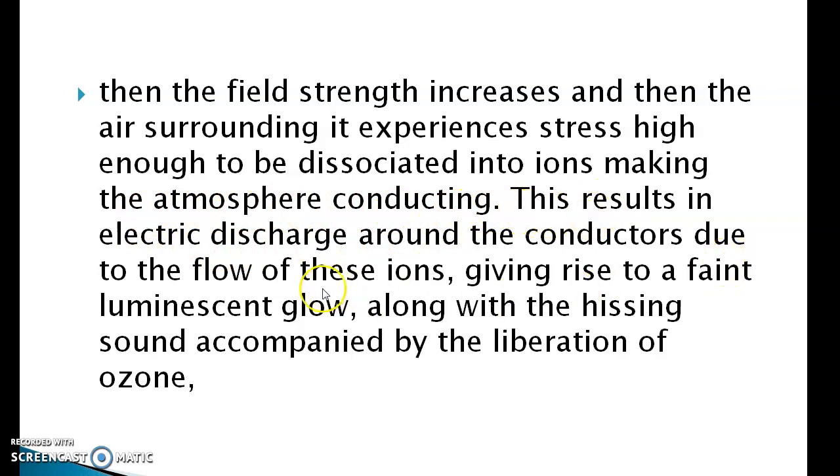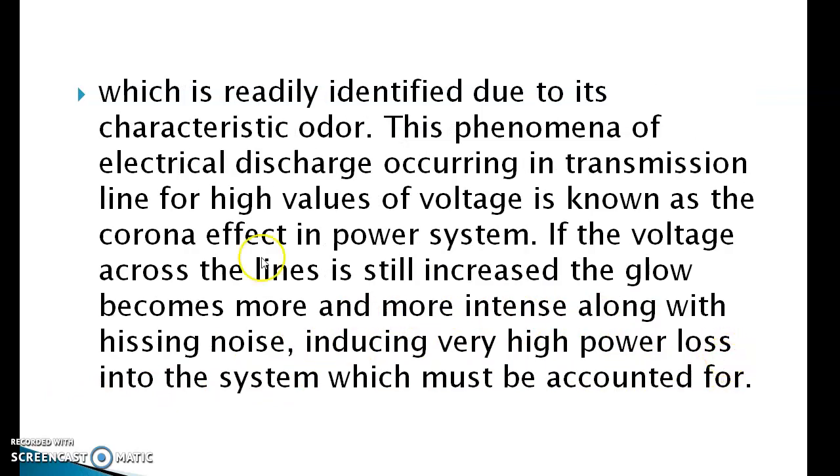This results in electric discharge around the conductor due to the flow of these ions, giving rise to a faint luminescent glow, along with a hissing sound accompanied by the liberation of ozone, which is readily identified due to its characteristic odor.